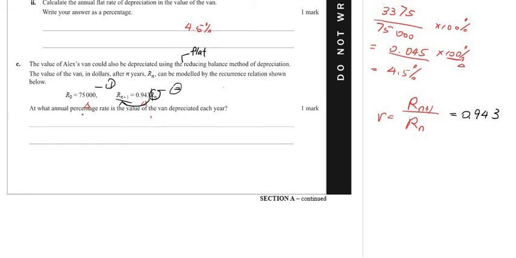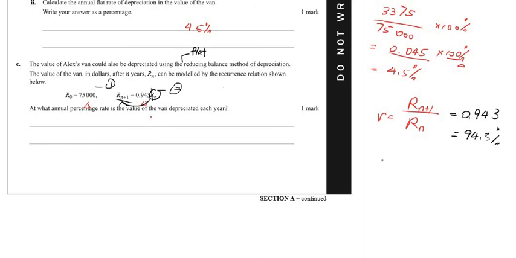A common mistake will be putting 0.943, or if you notice that it asks you to represent it as a percentage, you will put 94.3% over there. But this is wrong because what it's asking is how much the LX1 depreciated each year. So we need to find the depreciated amount, and 0.943 is how much it is worth of the original.